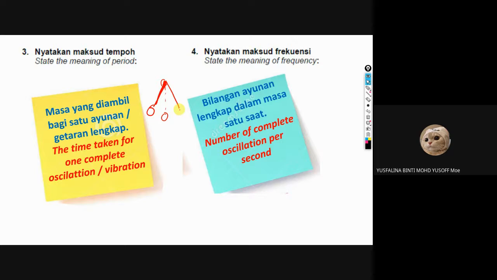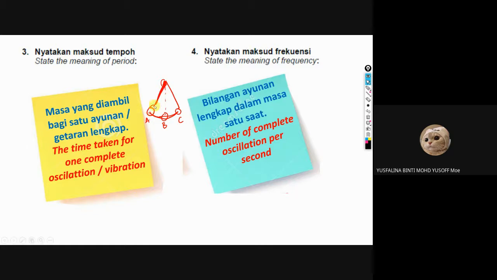Let's say we have points A, B, and C. If we drag to point A, it will oscillate to point B, then go to point C, then go back to point B, then back to point A. This is called one complete oscillation. The time taken for one complete oscillation, we call it a period.